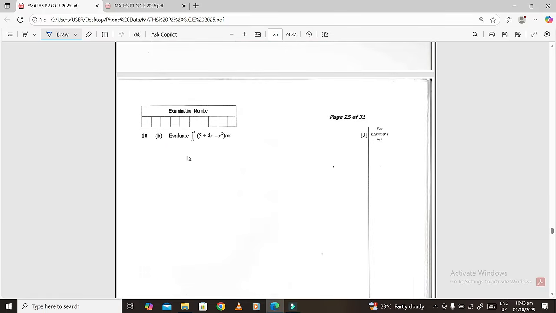They want us to integrate this. So we're going to say equal to the integral with limits from 1 to 4 of 5 plus 4x minus x power 2 dx. So this will be 5x plus 4x power 2 over 2, minus x power 3 over 3.